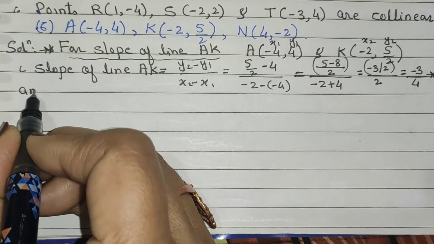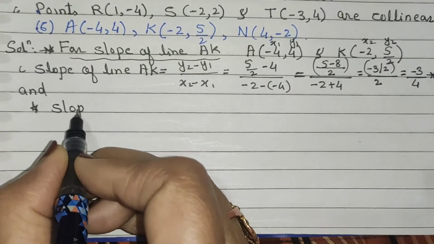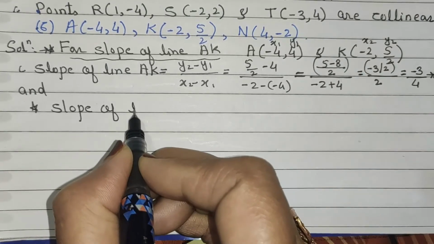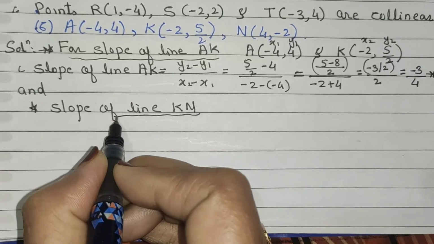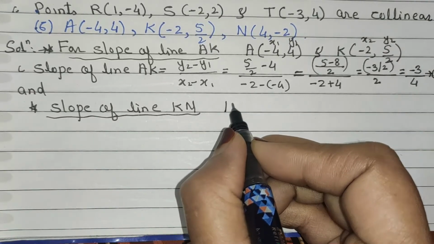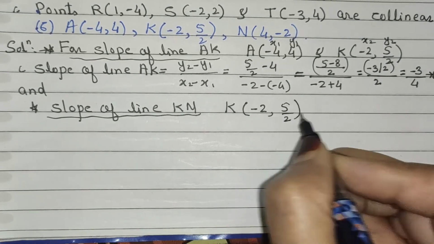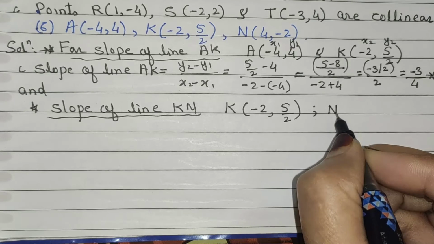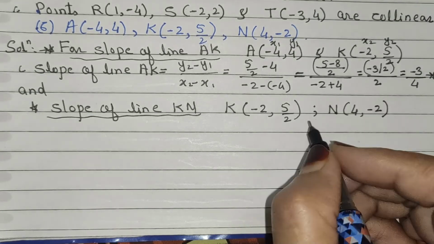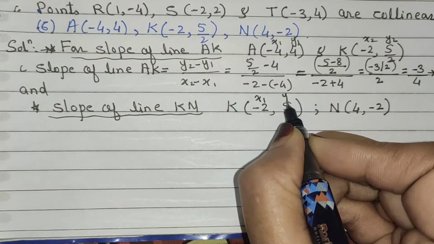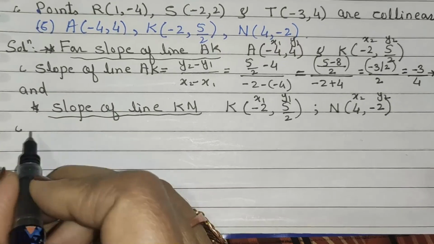And second, slope of line KN. Write down the coordinates of point K are -2, 5 upon 2 and the coordinates of point N are 4, -2. Let us consider the coordinates are x1, y1 and here x2, y2.